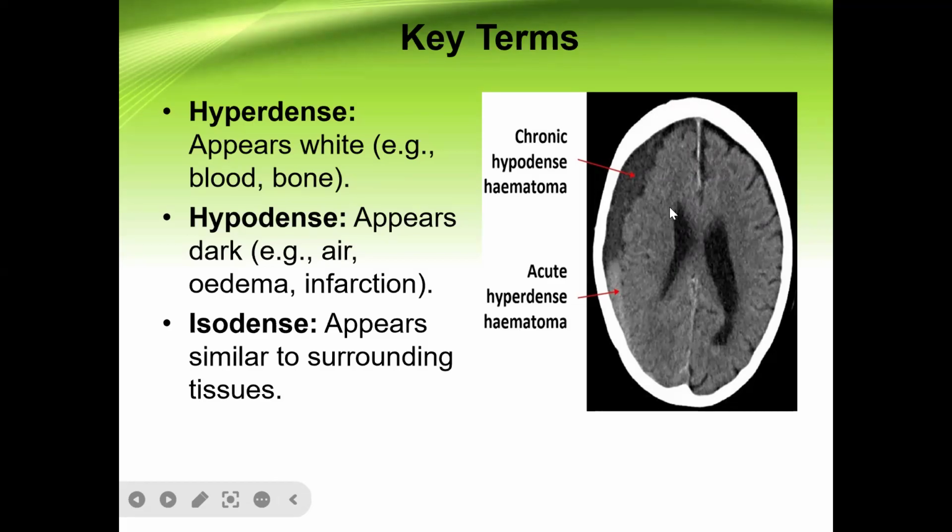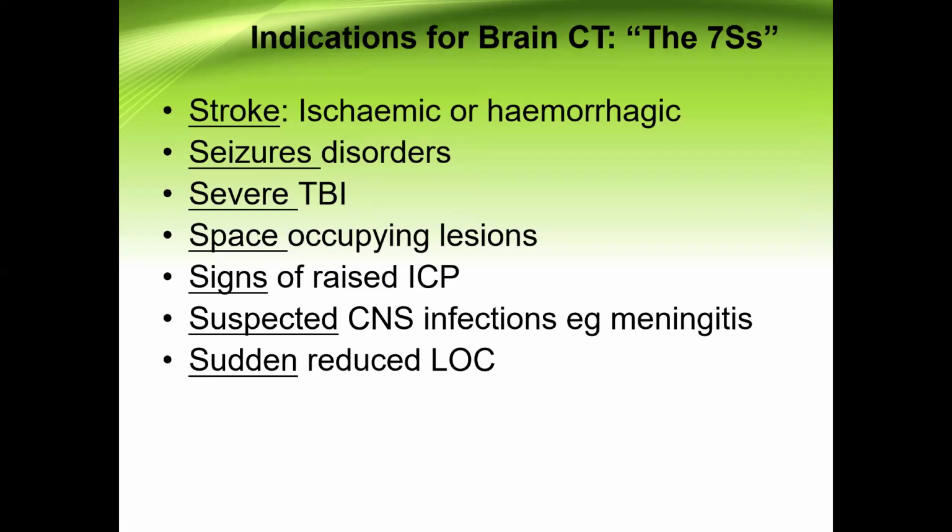So compared to this, you see that this is a hypodense lesion. While the one inferior to it is hyperdense. It appears white, whiter than the surrounding brain tissue. So these are the key terms that help us to differentiate between different lesions and pathologies in the brain.